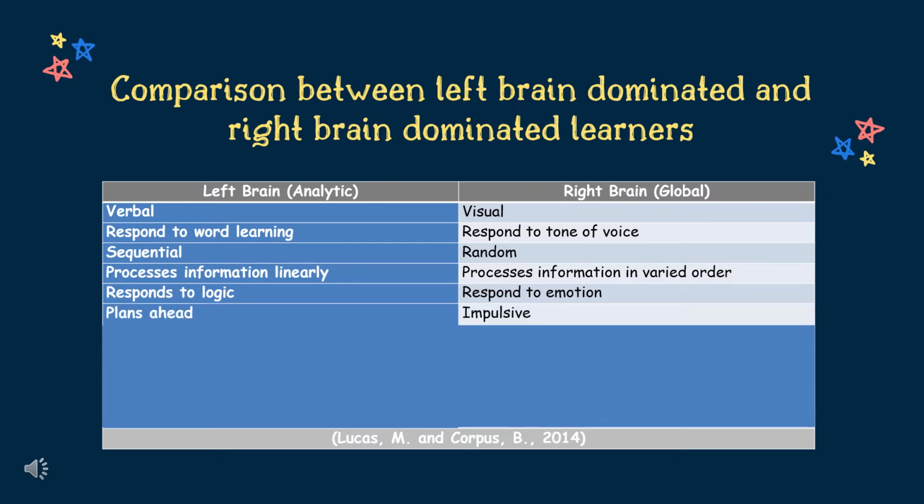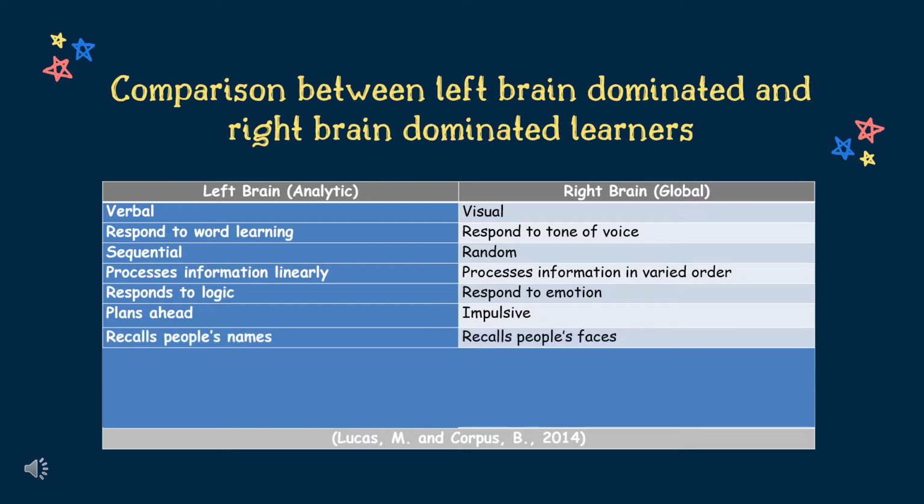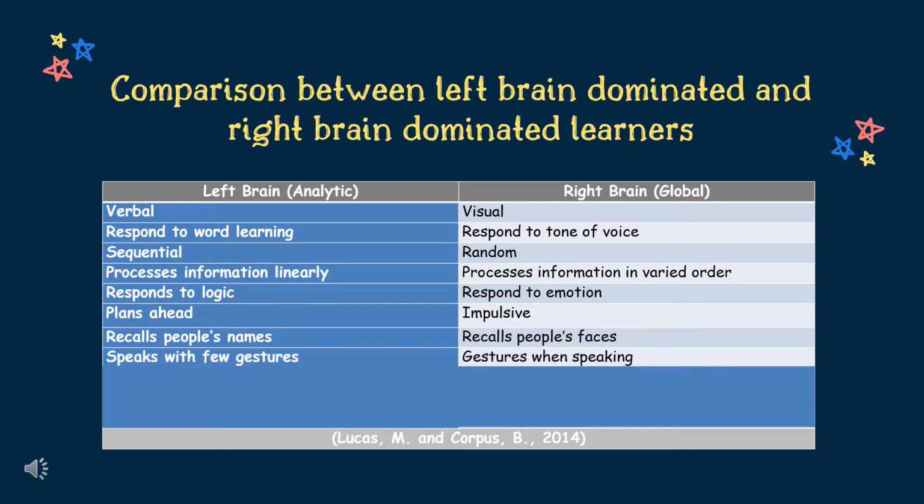Analytic thinkers plan ahead, while global thinkers are impulsive. Analytic thinkers recall people's names, while global thinkers recall people's faces. And analytic thinkers speak with few gestures, while global thinkers use gestures when speaking.